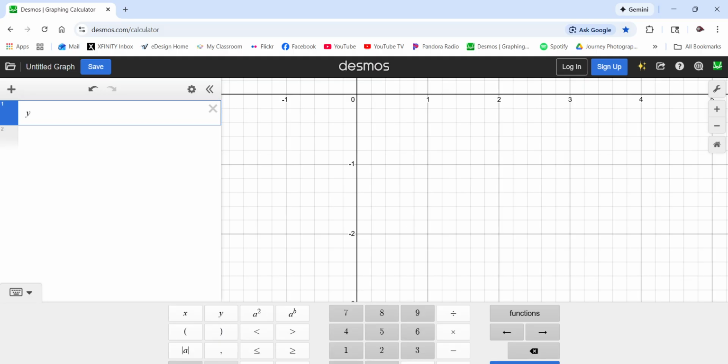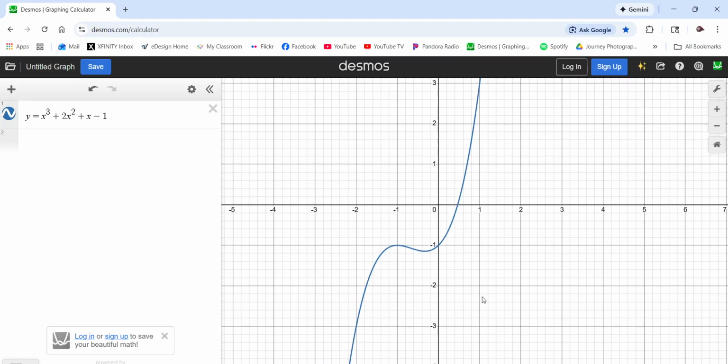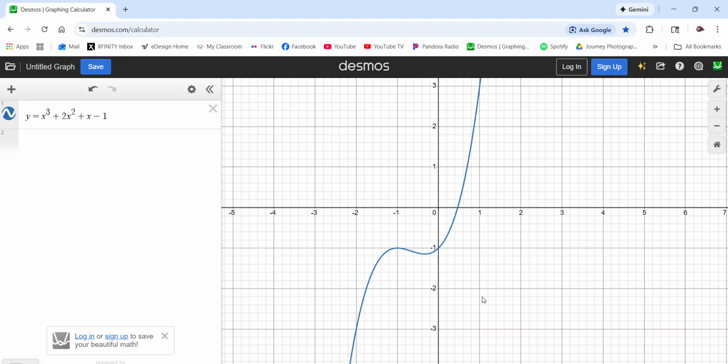So y equals x cubed plus 2x squared plus x minus 1. Okay? And there we go.